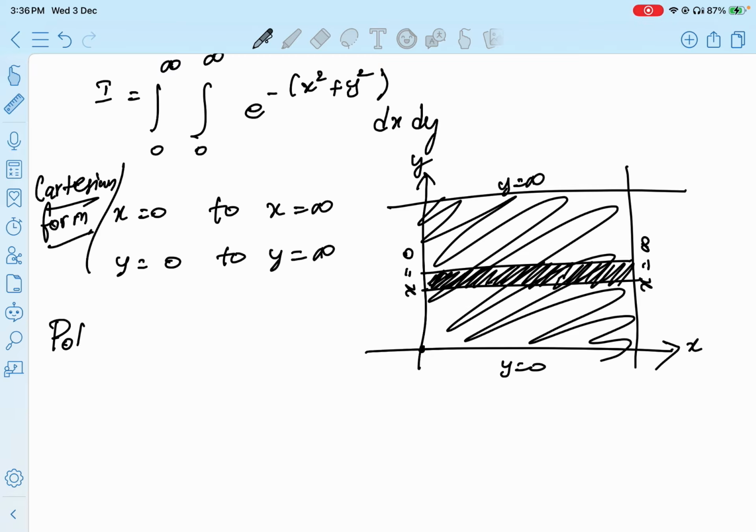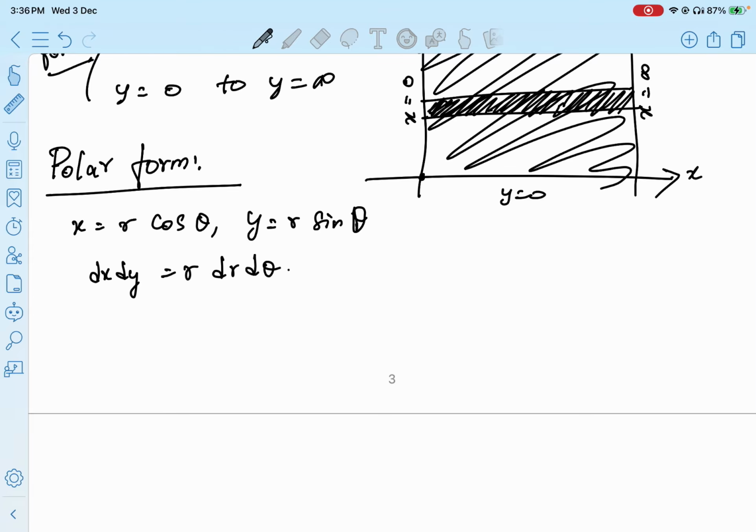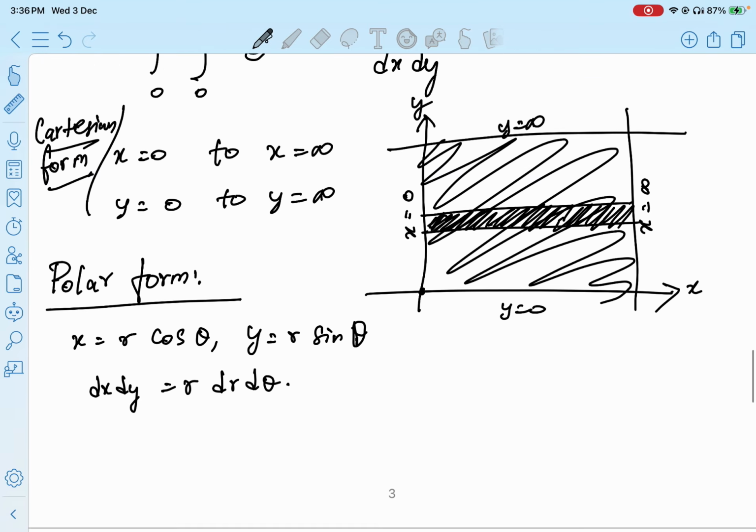Now we can find the polar form. In polar form, x equal to r cos theta and y equal to r sin theta. So dx dy is equal to r dr d theta, same as the previous problem.